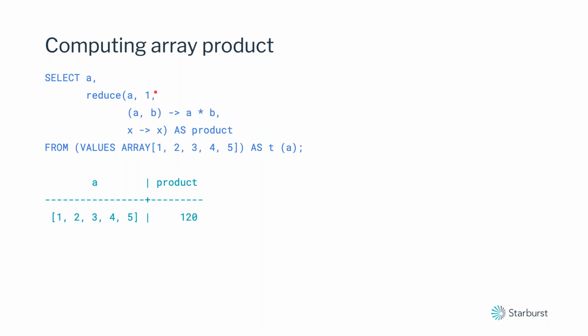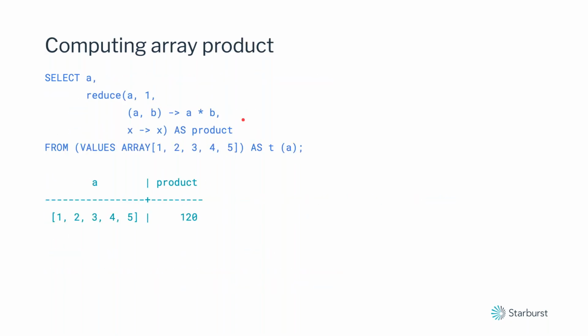We'll multiply it times the first item in the array, 1. That'll be the result of this. 1 times 1 is 1. Then we'll say 1 times 2 is 2. That'll be our new value. And then we say 2 times 3 will be 6. That'll be our new value. 6 times 4, 24. And then times 5 is 120.